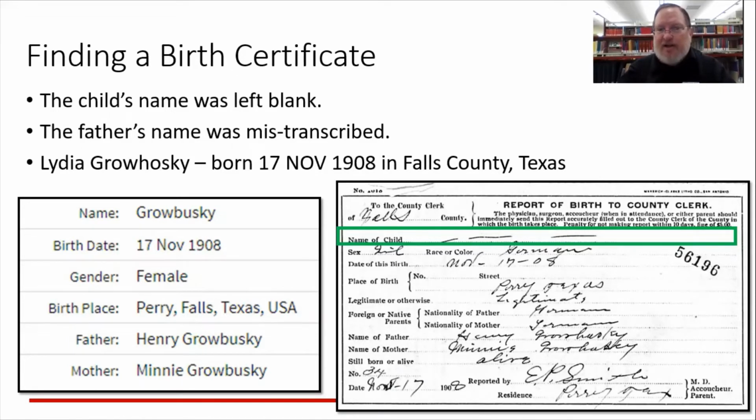If a child's name was left blank on the certificate, that happens a lot. They hadn't named the child yet, so it was blank. The father's name might be misspelled, so you just have to troll through all the various certificates for a particular date and possibly find them that way.